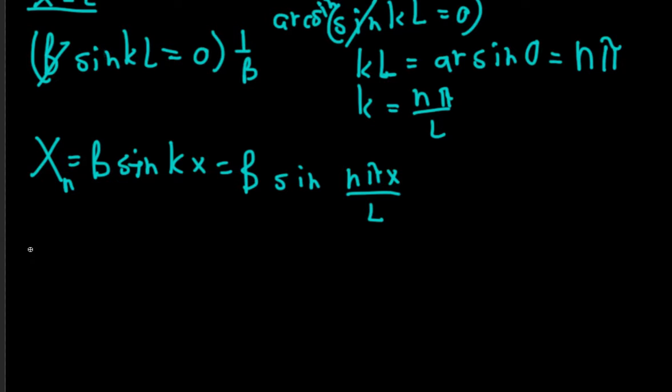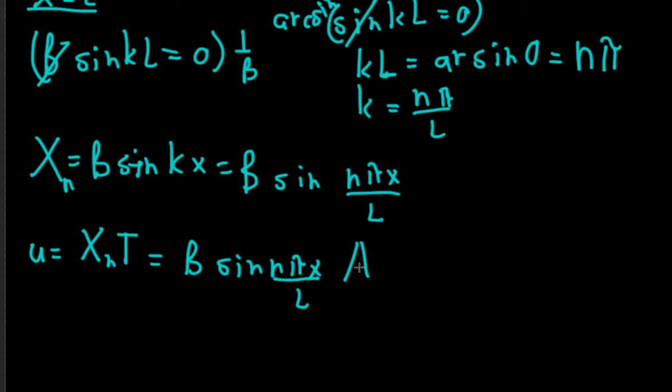what does this mean? This means that u is equal to X_n times T_n, and this is equal to b times the sine of n times pi times x over L. And the time part is not free from this, because the time part T was a times e to the k squared times t over alpha.